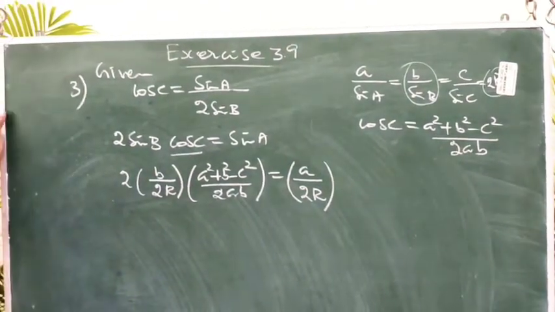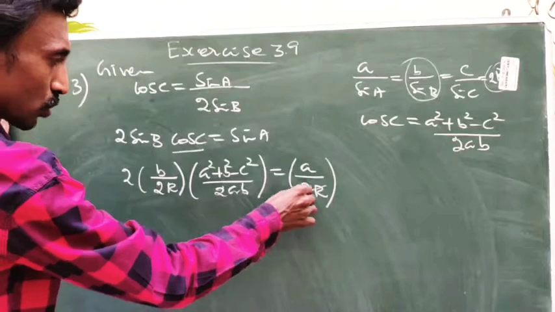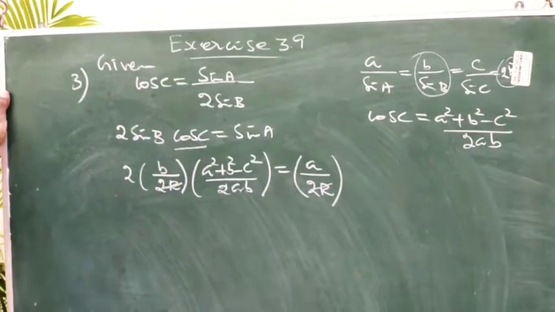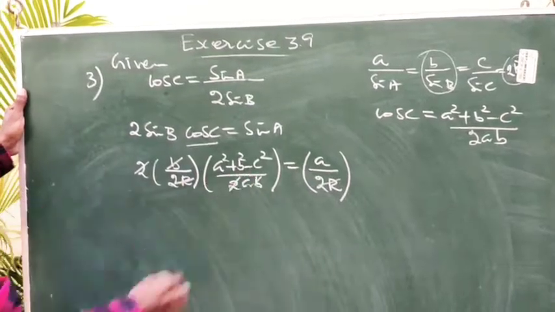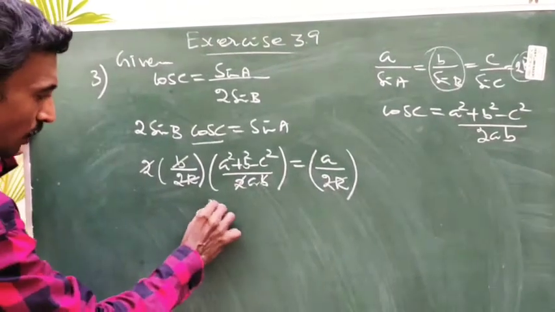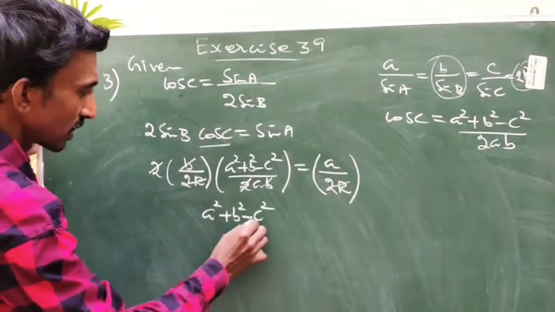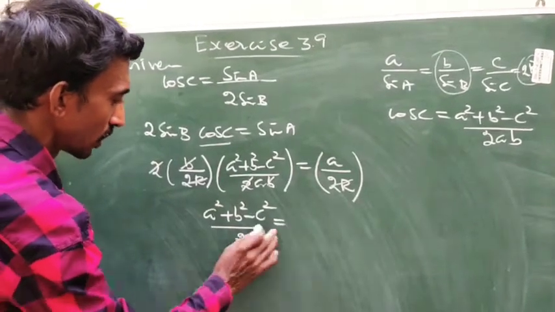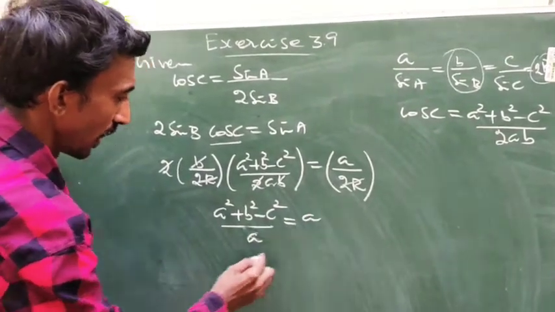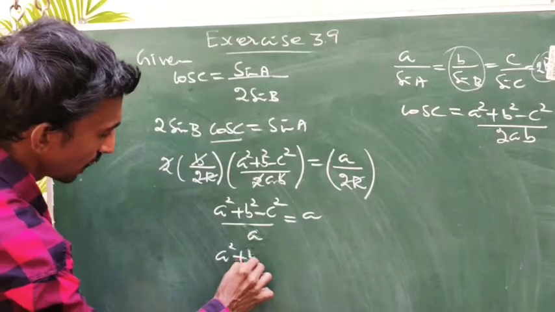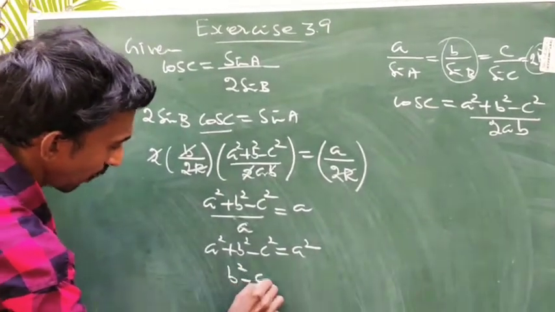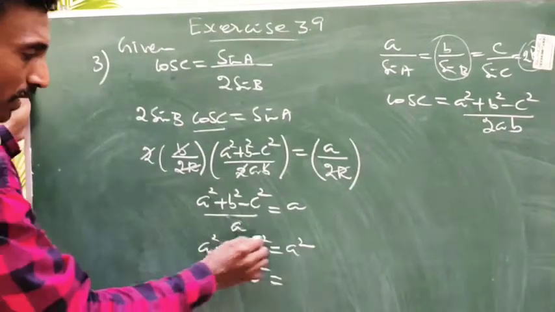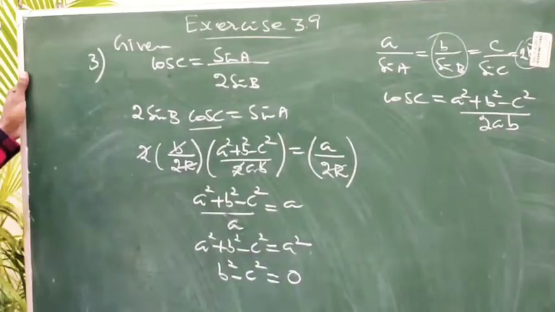Now listen, my dear student. These 2R cancel, and these 2 cancel, b and b cancel. So remaining (a square plus b square minus c square) by 2a equal to a. So a square plus b square minus c square equal to a square. b square minus c square equal to a square minus a square, which is 0.